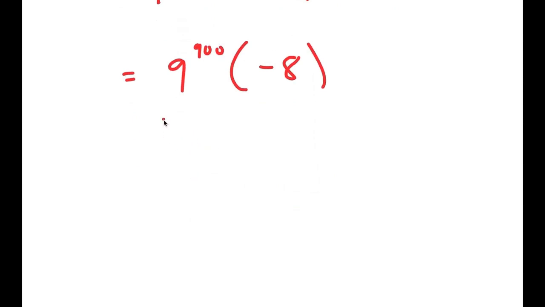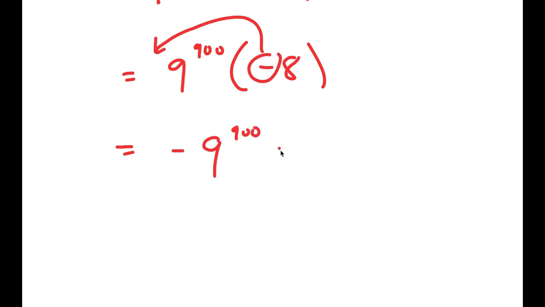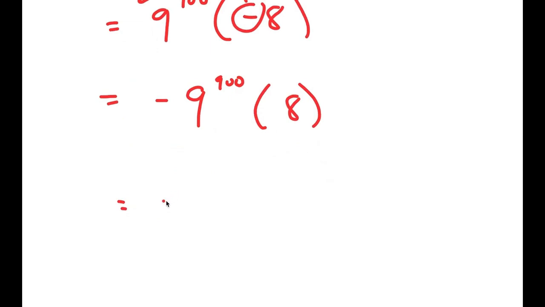Now from here, I said I was going to simplify this as much as possible, and we can't really get the exact value because 9 to the power of 900 is such a big number that we can't actually get the exact value for that. However, what we can get is the simplified value, and we're going to simplify it as much as possible. So I'm going to move this negative sign to the front, so I get negative 9 to the power of 900 times 8, and this gets me negative 3 squared to the power of 900 times 2 to the power of 3.